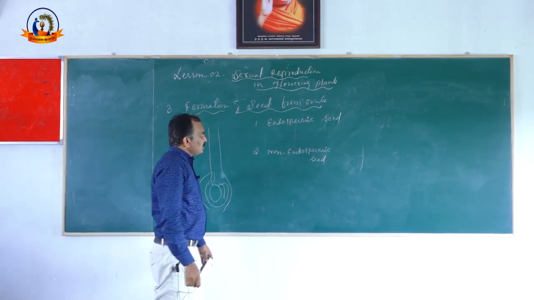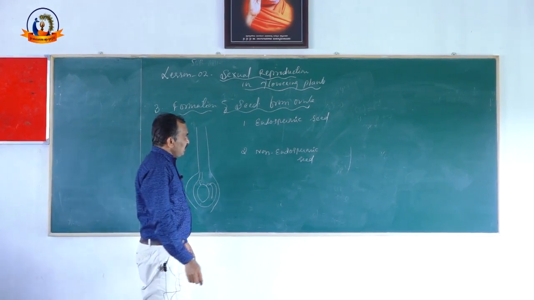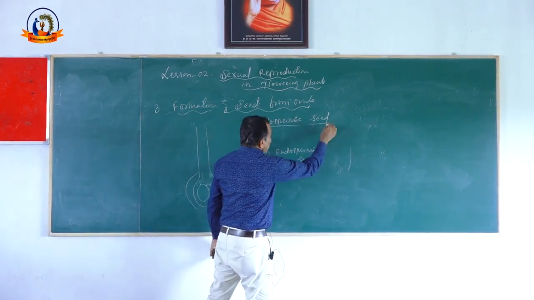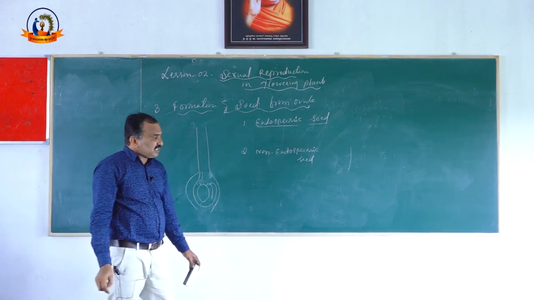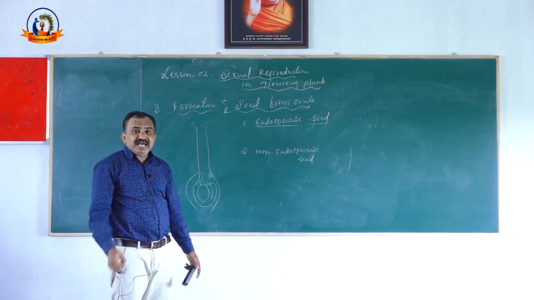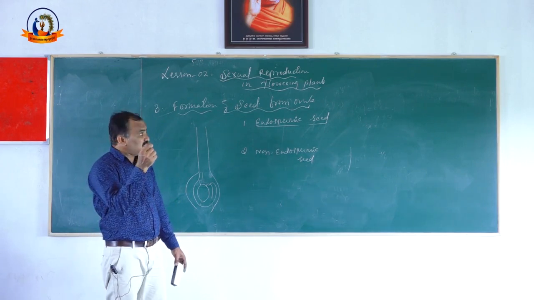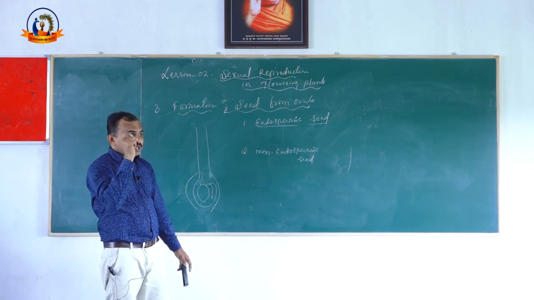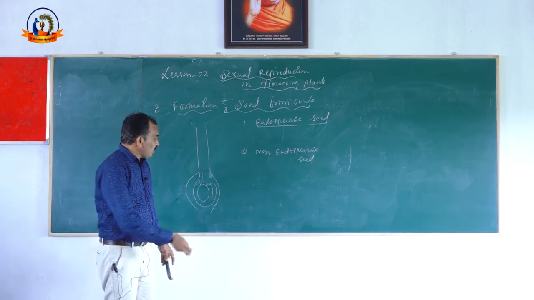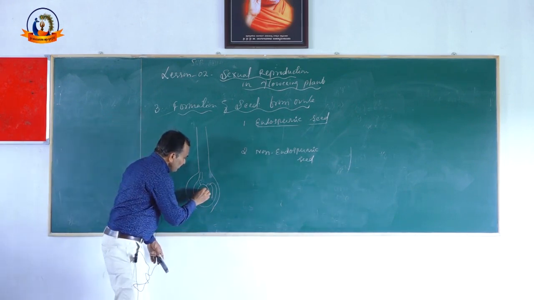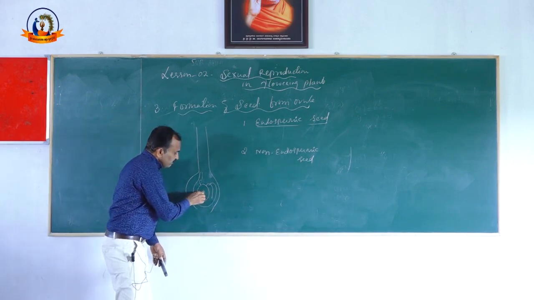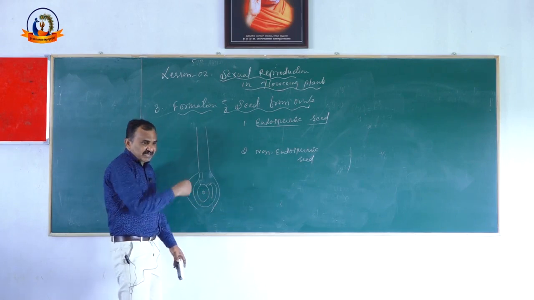What is the meaning of endospermic seed? Endospermic seed means the seed having endosperm. In the last class, you learnt about how the endosperm is developed. Endosperm is the product of PEN, right?